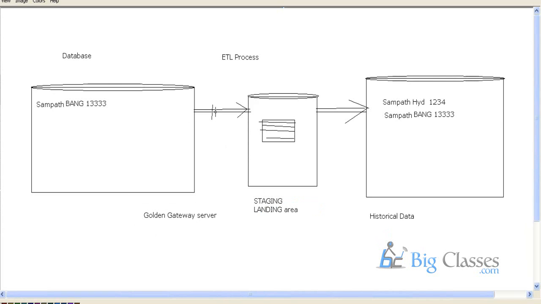So here one process we are using is Golden Gate. From here to here, another process may be ETL, Informatica, or some other tools, because we need to capture very real time. Whenever there is a change, Golden Gate is immediately dumping the data into the staging area. From there, using Informatica, you pick the data and put it into your warehouse systems.